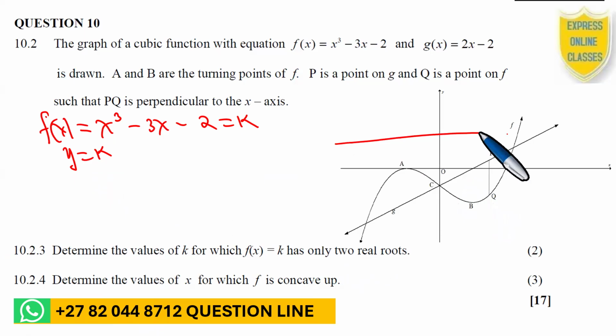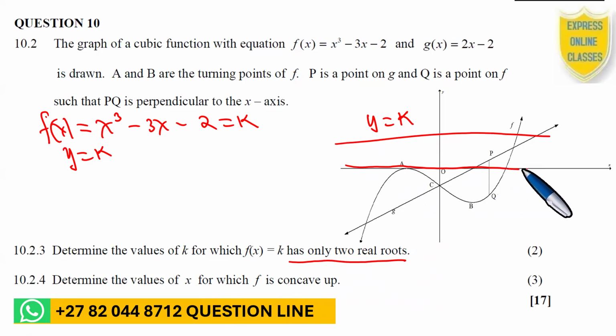And then y equals k. And then now we are saying, well, there's only two real roots. So you must draw many horizontal lines because you don't know where the line is going to be, except you can quickly think. But now there's another one that you can draw here.